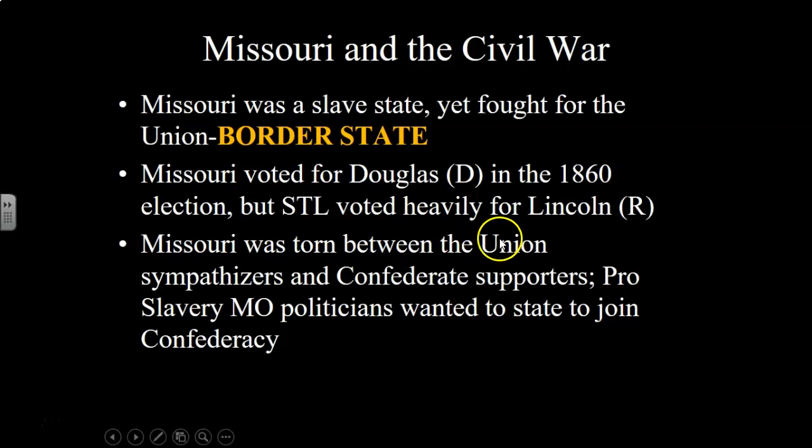Missouri obviously is going to be torn between the Union sympathizers and Confederate sympathizers. Pro-slavery Missouri politicians wanted the state to join the Confederacy. Obviously, the Union supporters want us to stay in the Union, and so this is going to be a fight early on in Missouri history until things get played out and the Union sympathizers win.